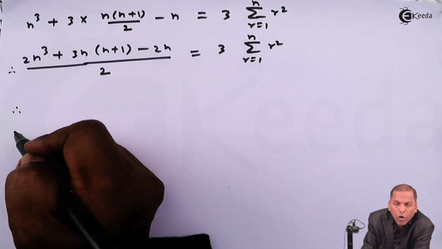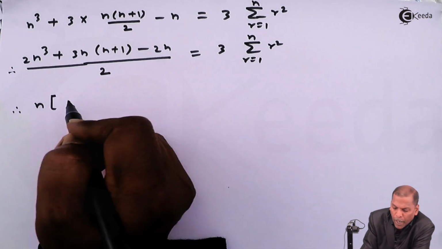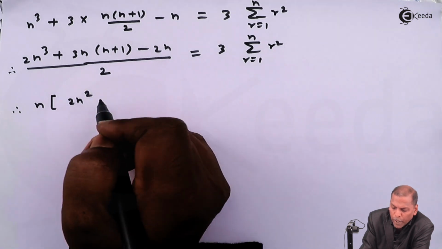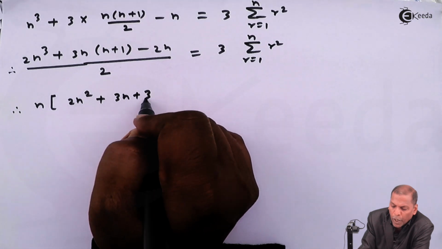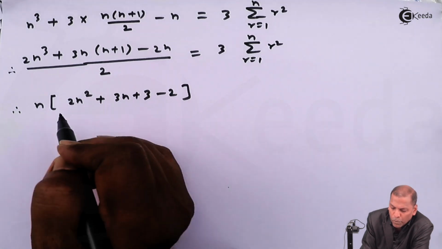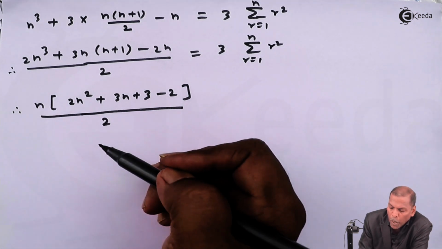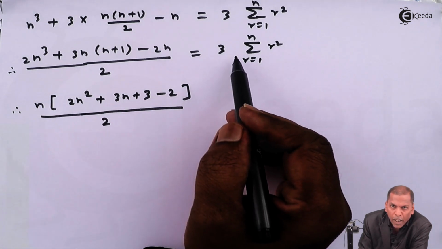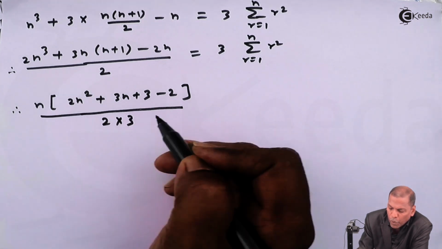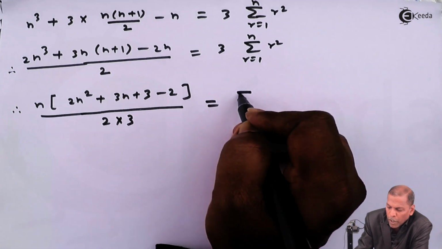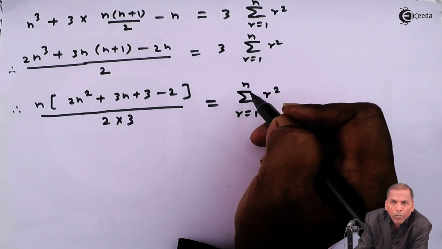So now we take n common from the numerator, so we have n(2n square plus 3n plus 3 minus 2) whole thing divided by 2. Now the 3 which is on the right hand side, we shift to the left hand side, so we get in the denominator 2 into 3.